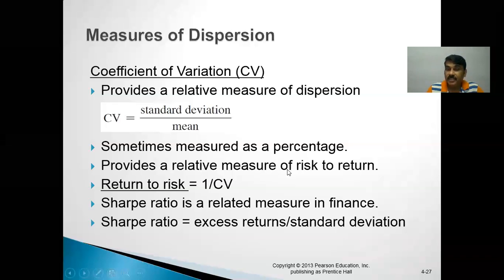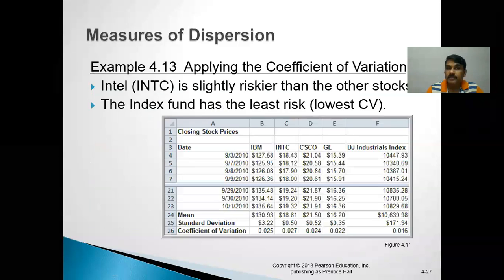It provides a relative measure of risk to return. Return to risk is 1 by CV, that is the formula. It's the Sharpe ratio also, that we have studied in the finance part.